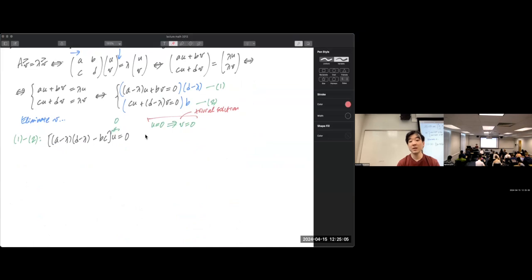The non-trivial solutions will only happen if, so there are two options, right? Either make this equal to 0, and the other option was to make this equal to 0. And it turns out that either you have this or you have everything in here equal to 0.